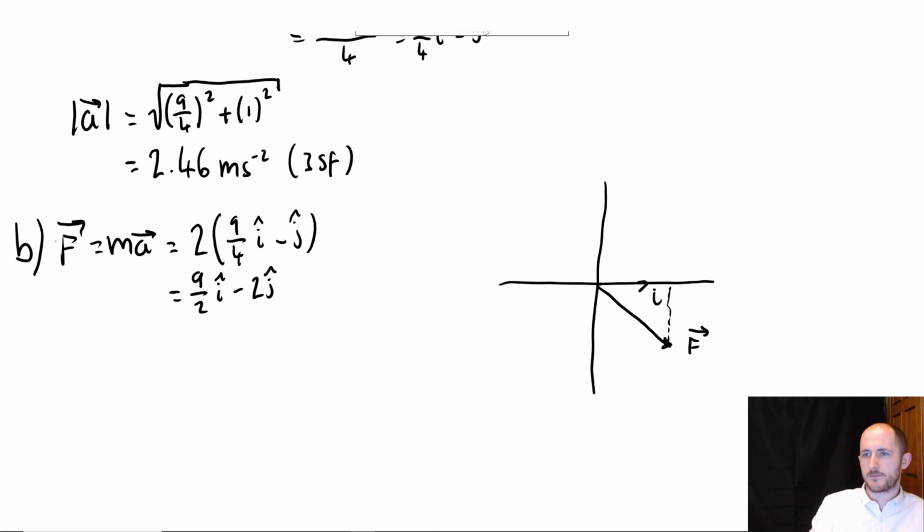So now we have 9/2 along the bottom and we have 2 down here, and we're going to work out this angle theta, which is the exact angle that they want us to work out.